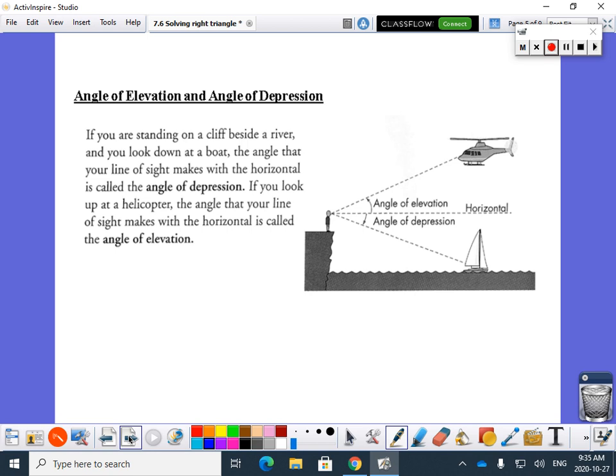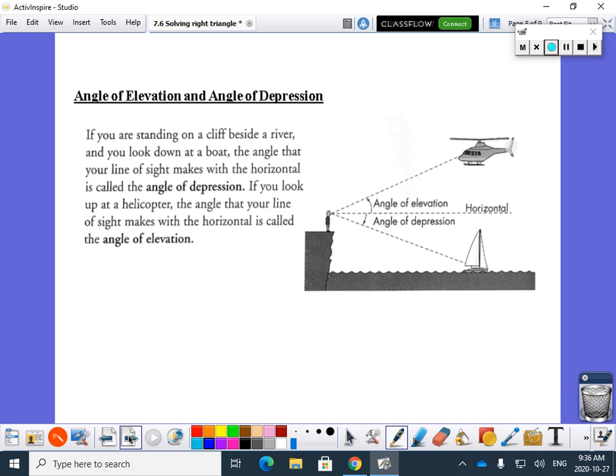So we always have a horizontal in these types of questions, and looking straight ahead would be the horizontal. Looking down at the boat, because they're looking downwards, we call that the angle of depression. Is that okay?